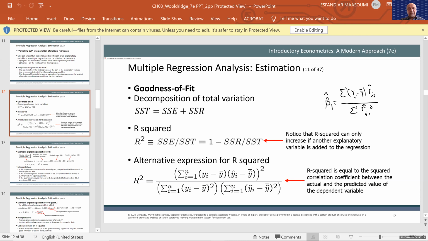Goodness of fit, the same definition, the same interpretation. If you have an intercept, the total sum of squares of the y's is equal to the explained bit of it and the residual bit of it, and r squared is the ratio of the explained to the total. And if you have an intercept, you can use this formula. Remember I mentioned to you a better formula and a better interpretation for r squared is the correlation coefficient squared between y and y hat, the observed and the fitted values.